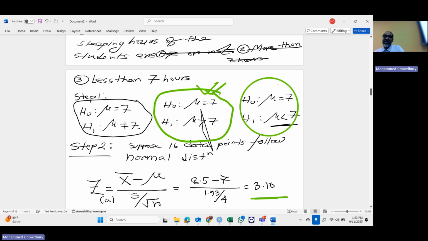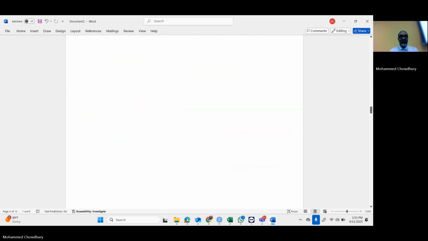I already discussed this one. This one is done. Now come to the next one. The null hypothesis and alternative hypothesis are this way: mu equal to 7, alternative hypothesis, mu is greater than 7.